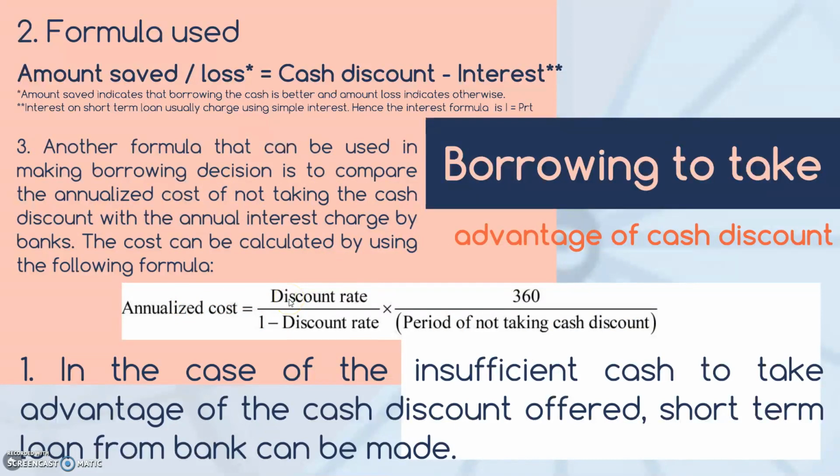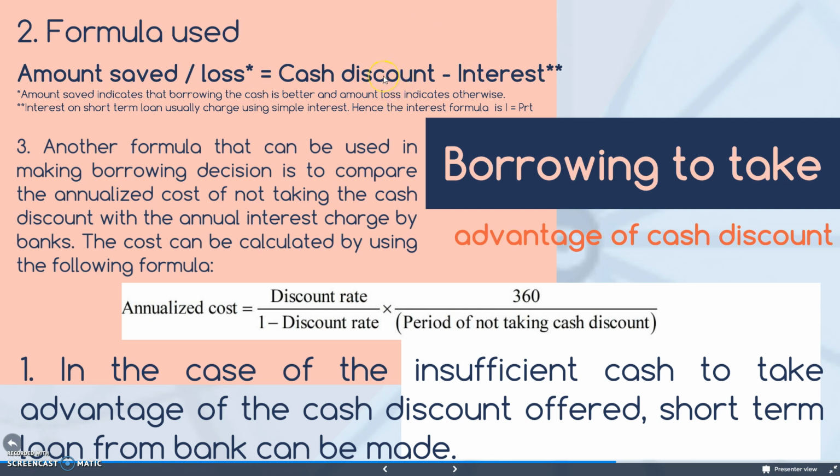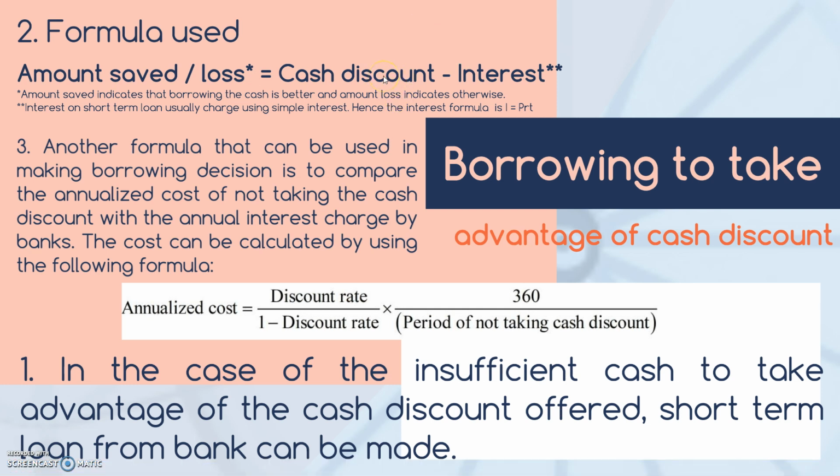So basically, in a situation where you get a cash discount, like this one, but you want to decide whether you should or should not borrow the money, what you can do is calculate the annualized cost and compare it with the annual interest offered by the bank.